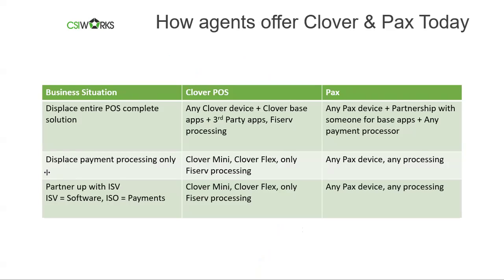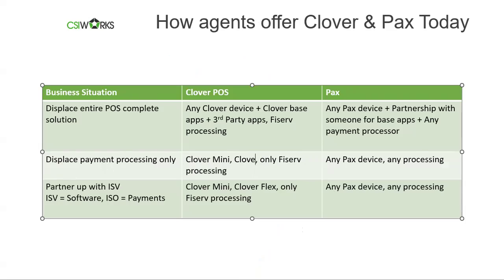If an agent is displacing payment processing only, first of all, if they're replacing Fiserv, they can use Clover Mini or Clover Flex. Those two devices can function as, actually possibly just the Clover Mini. Yeah, I don't know that Clover Flex can do that. So only Clover Mini, let's go with that, can be placed as payment processing only.